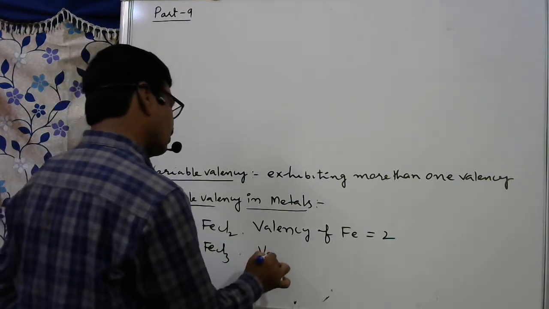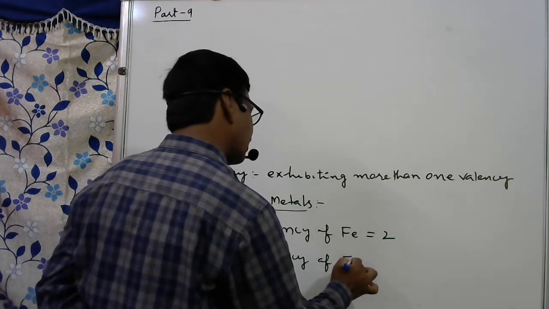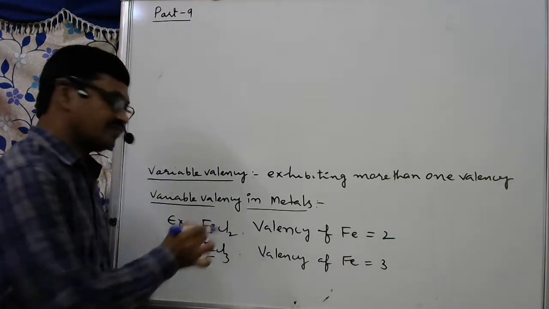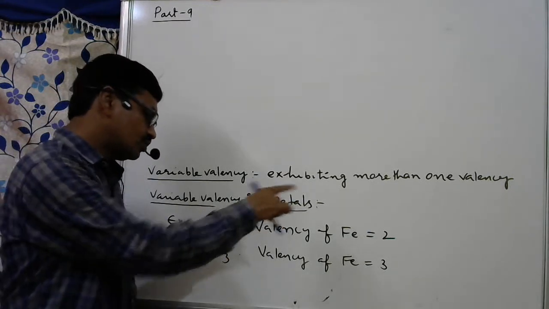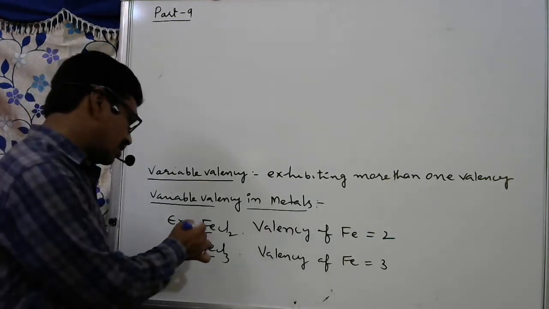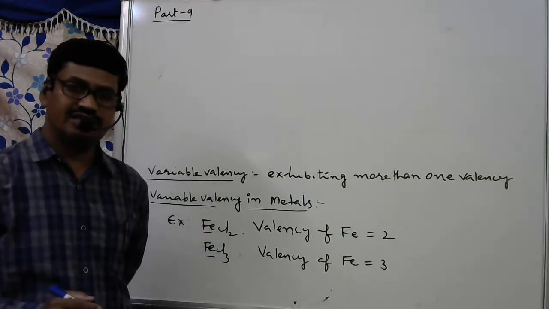Here, what is the valency of iron? Here, valency of iron is 3. Same thing, iron only, showing 2 valencies. In one compound, 2. In the other compound, it is 3.